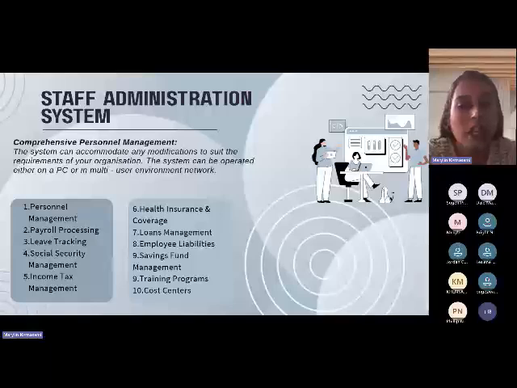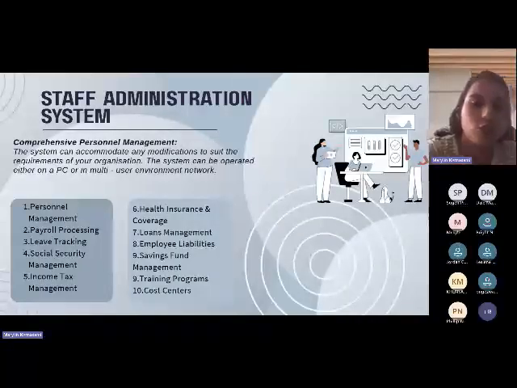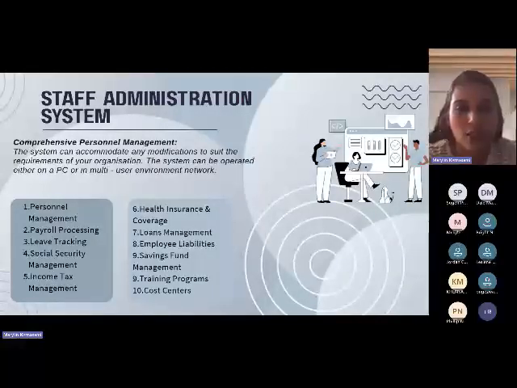You have your leave module, which tracks all your staff's annual leave, sick leave, family responsibility, so all leave types are recorded there as well. Then you also have your tax requirements: your SARS, your PAYE, your skills development levy, all of that, so that you ensure you're compliant with legal obligations, for example with SARS.